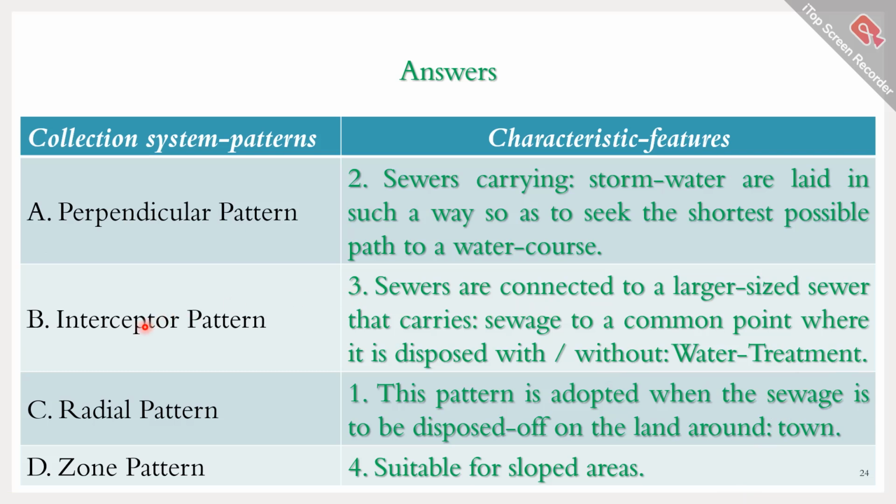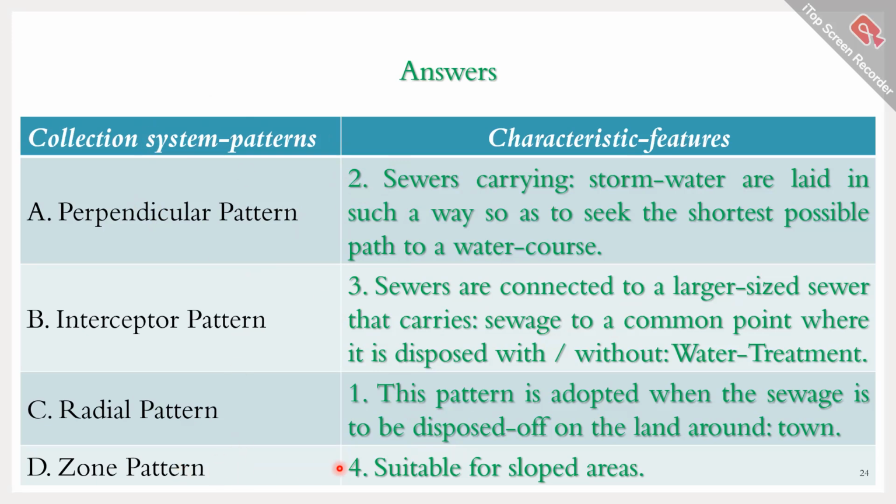In this type of pattern, the large sized sewer is intercepted by the smaller sewers. That's why it is called the interceptor pattern. Radial pattern is the pattern which is adopted when the sewage is to be disposed of to the land around the town. So if there is a town and around the town the sewage needs to be disposed of, then the pattern will be radially outward.